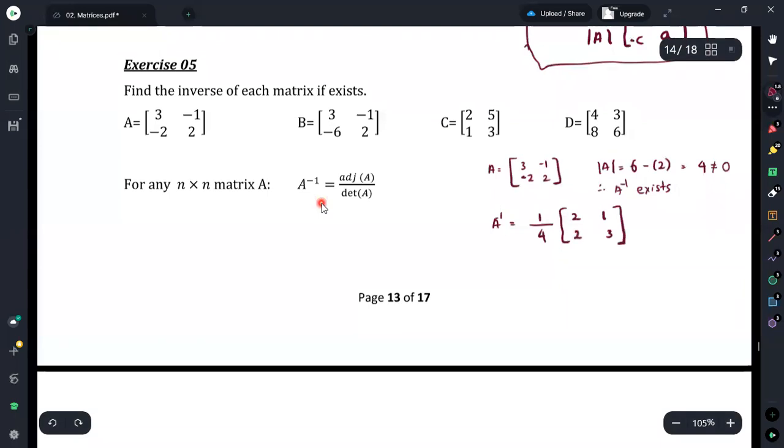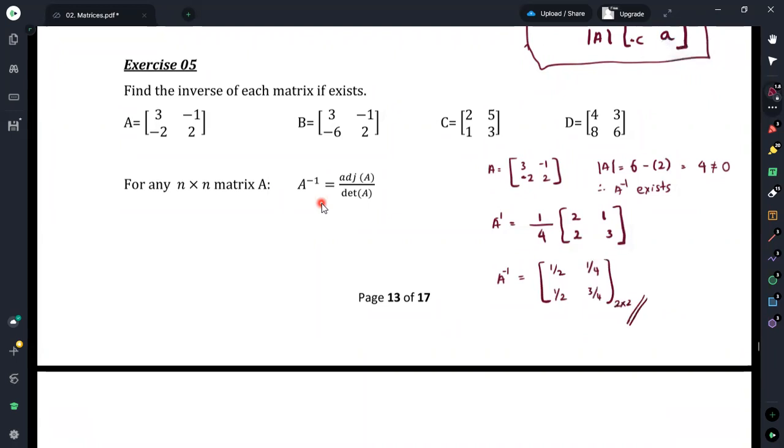This is what we need to solve for obtaining A inverse. Here it is simply a scalar multiplication. 1/4 multiplied with 2 gives half. Here we get 1/4. Again we get half, and here we get 3/4. And this is the inverse of the matrix A.